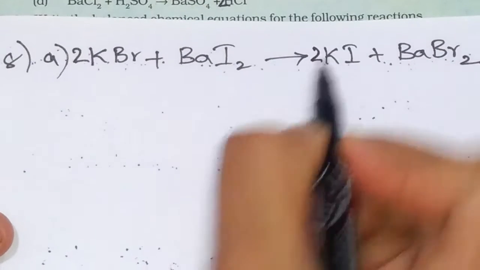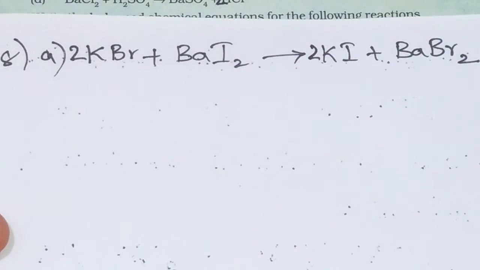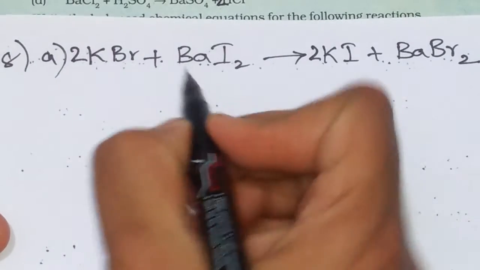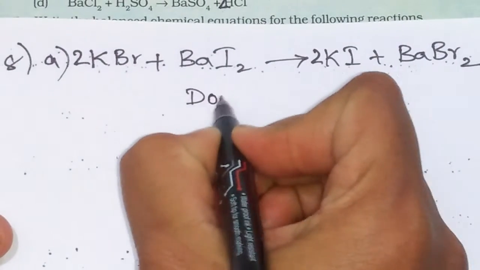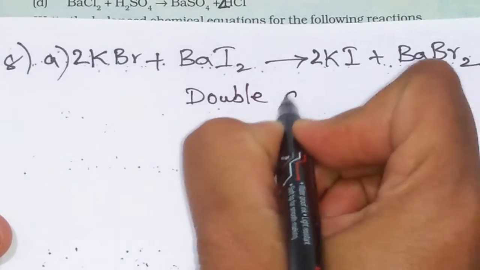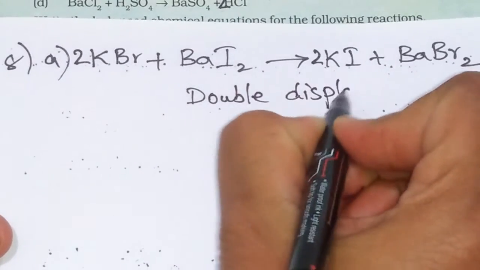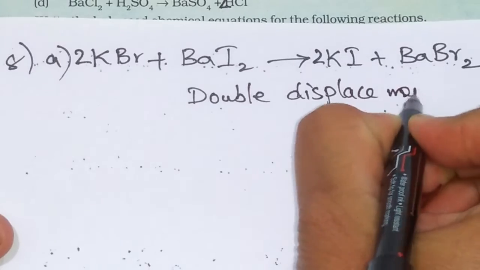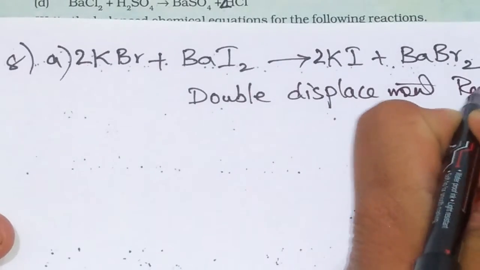So let me write 2 before KI. Then what happens? Iodines are balanced, potassiums are also balanced, barium also balanced. Left side and right side 1 barium, 2 bromines, 2 potassiums, 2 iodines. Okay, and the type of reaction also we have to write. What is this? Double displacement reaction.